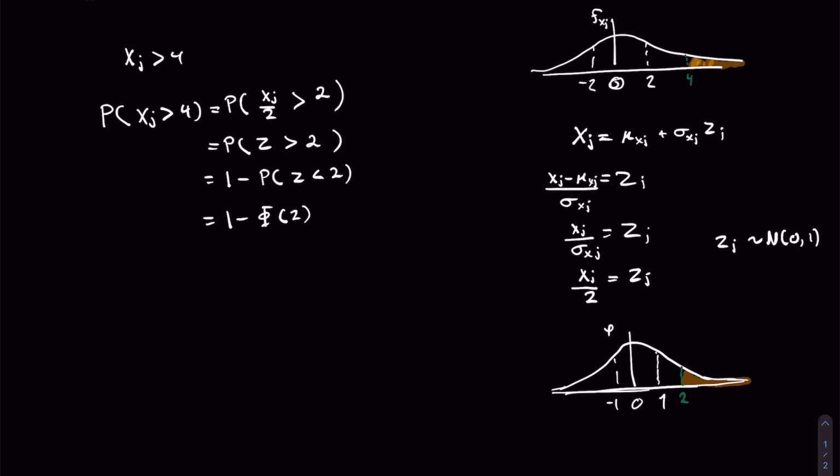Okay, I'm going to just denote this as little p. So this little p is the probability of xj being larger than 4.